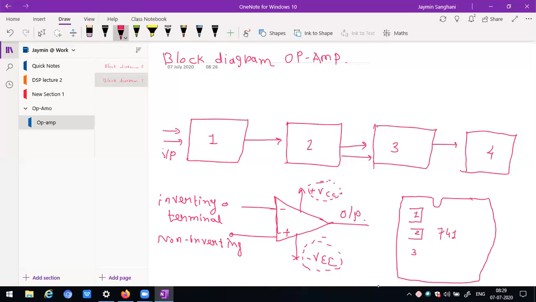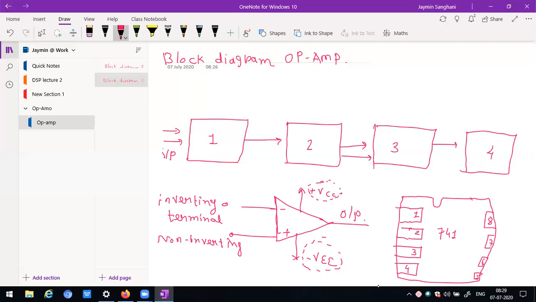Now see, first pin, second pin, third pin, fourth, eighth, 7, 6, 5.